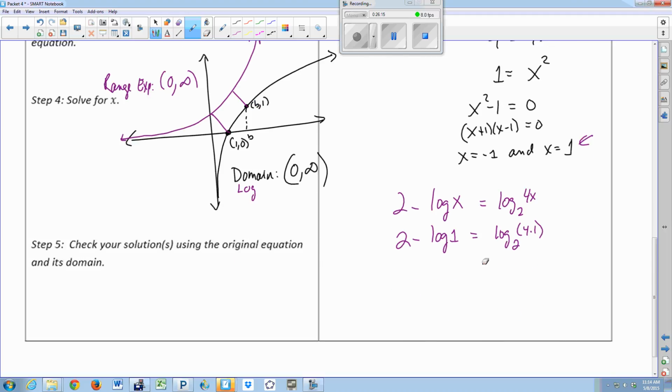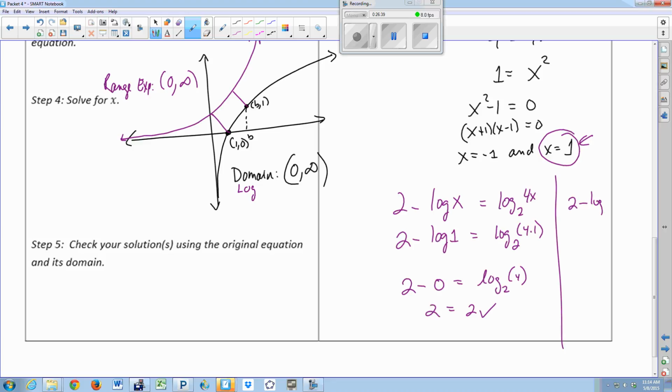What's log of 1 regardless of the base? 0. Any number raised to the 0 power gives you 1. And this is log base 2 of 4. So this is 2 equals 2. So 1 is an answer. That works. Now let's check out -1.